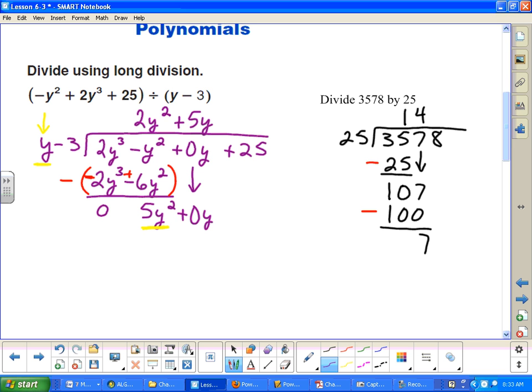And just like we found out that 25 goes into 107 4 times, and so we had to multiply 4 times 25, now we have to multiply 5y times the quantity y minus 3. So we get 5y squared minus 15y. And once again, we will subtract, which means we're going to change the signs.